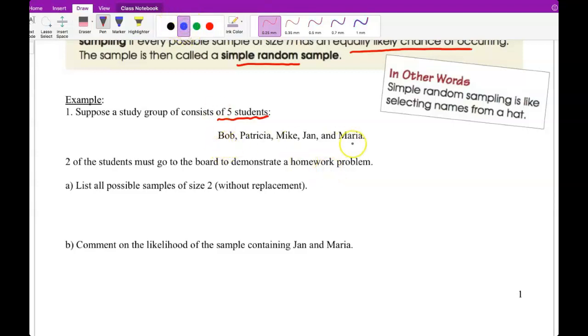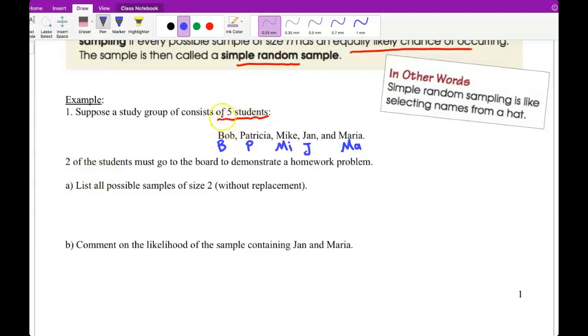To keep it simple, instead of the names I will use abbreviations: B for Bob, P for Patricia, MI for Mike, J for Jane, and MA for Maria.